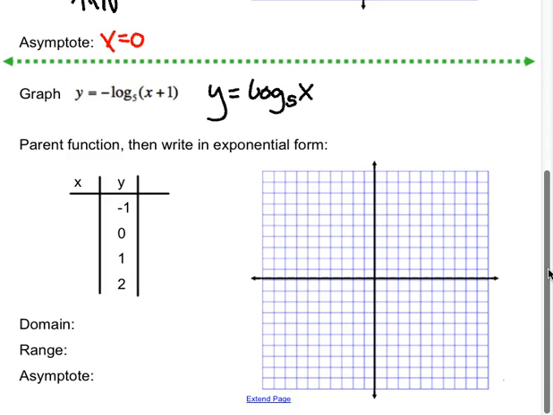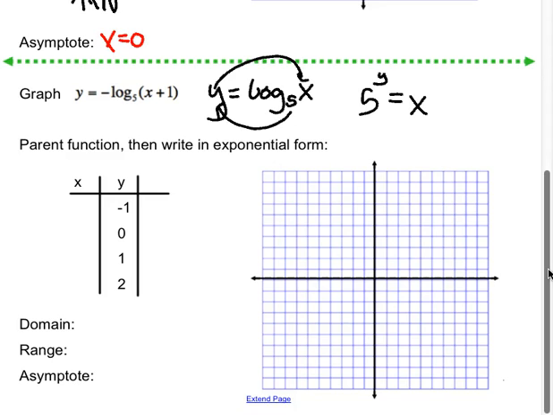Ignore everything else, and now rewrite it. 5 to the y equals x. So that is what I'm going to be creating this based off of.